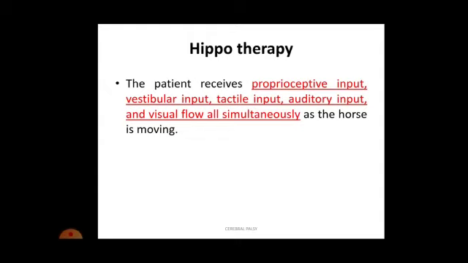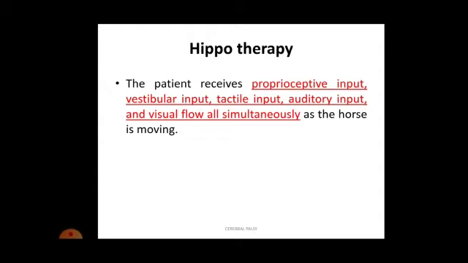So those are nothing but types of auditory cues, okay. So these auditory cues will be helpful to the child to react properly to the environment, okay. So that is the importance of auditory input. And visual flow, so as the horse is moving, the surroundings will also move, okay. So different visual stimuli are coming to the child's visual system, yeah.